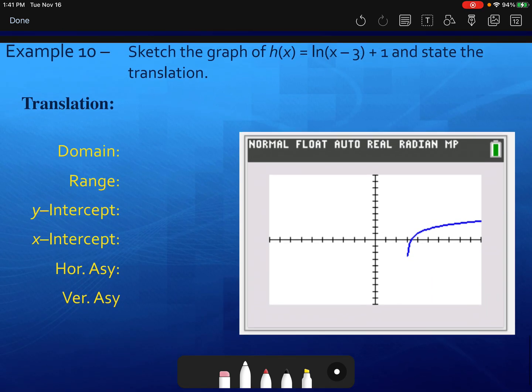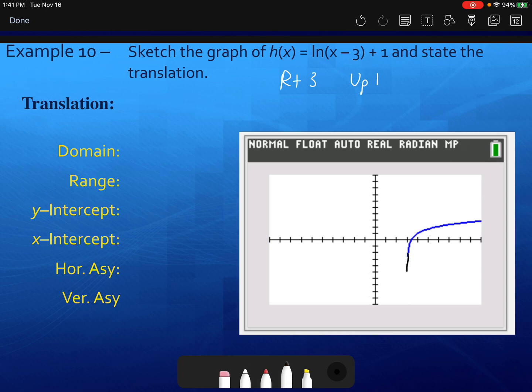And then the last one is a natural log problem. No problem at all, really. We're going to graph this so we can get that graph right there that we're looking at. So the natural log of x minus 3 plus 1. The translation then is what, people? Right 3, correct, and up 1. So the graph, again, looks like it's cut off.